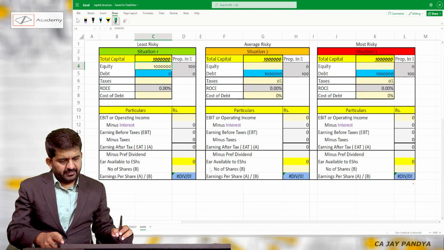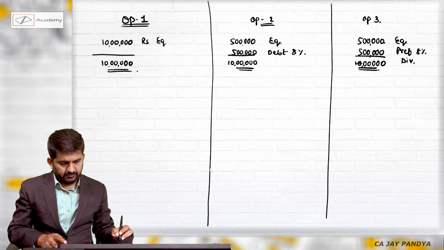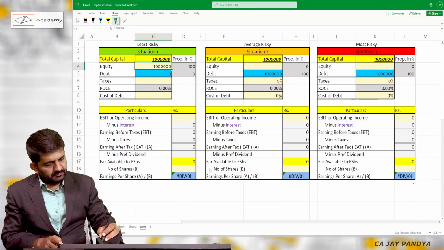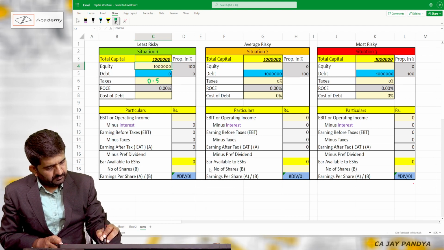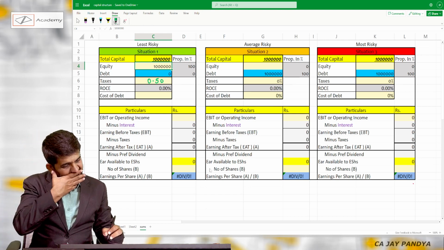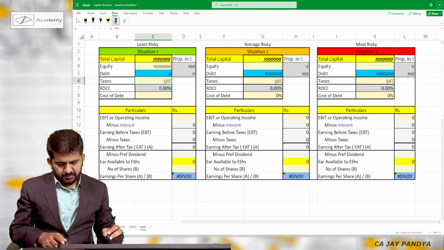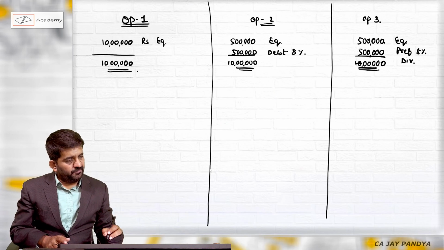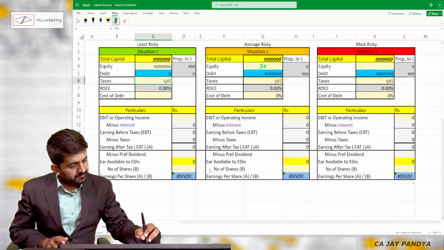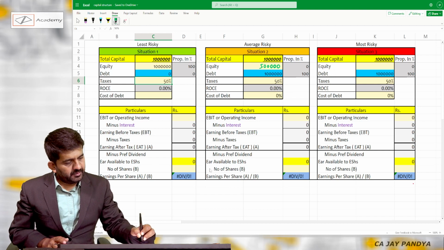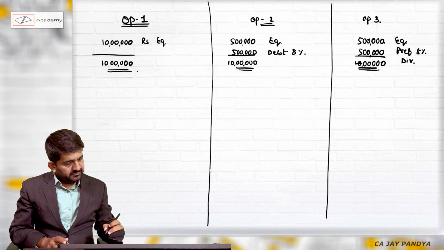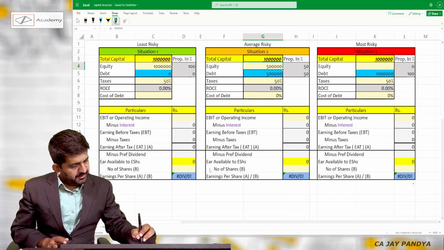The tax rate is given, which is 50%. Debt is not there in option number 1. Let us go to option number 2: 5 lakhs equity, and cost of debt is 8%.